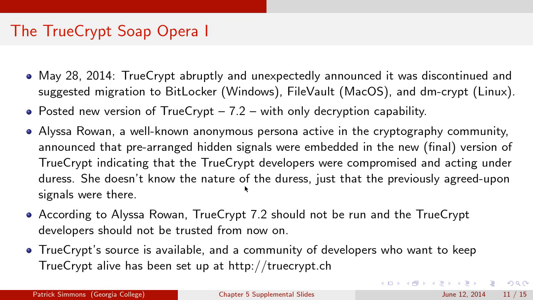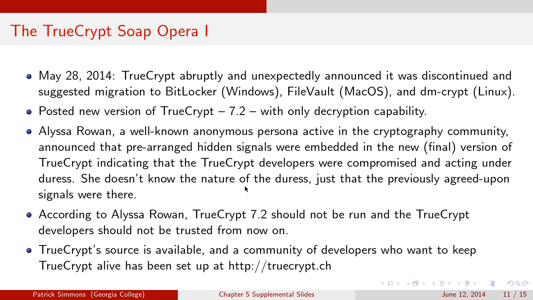So Alyssa Rowan, who is also an anonymous person, announced that there were hidden signals in the final version of TrueCrypt indicating that the TrueCrypt developers were acting under duress. Like some government or criminals got to them and forced them to stop developing TrueCrypt. And so she can't say what the nature of the duress was, just that the signals were there.